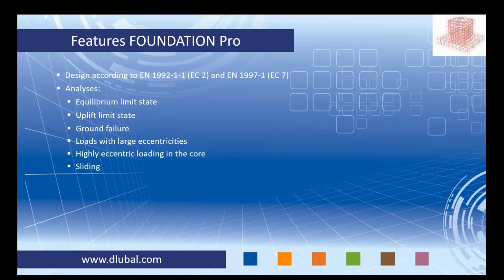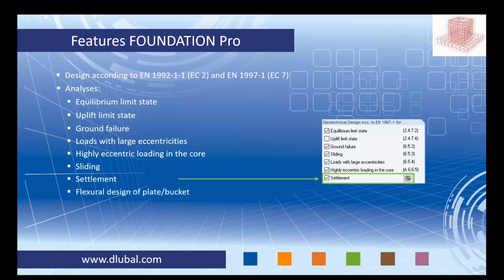We do the proof for sliding, and the newest feature in Foundation Pro is the settlement calculation. And for the concrete design, we do a flexural design of the plate and the bucket, and also a punching shear design of the plate.